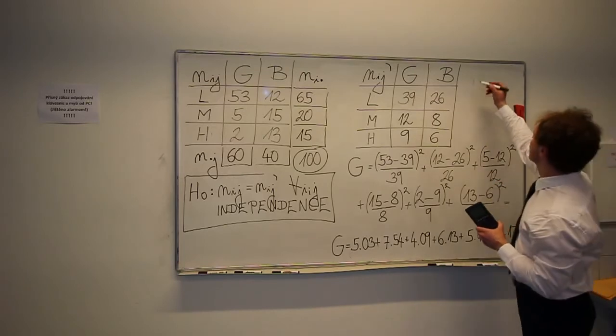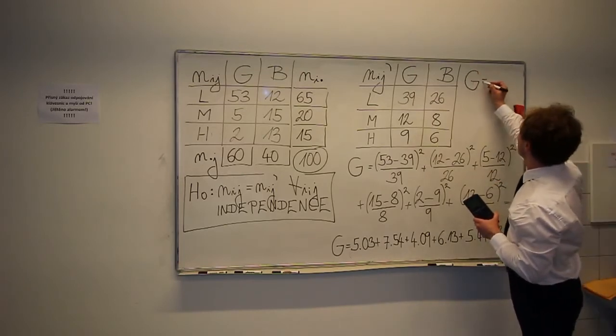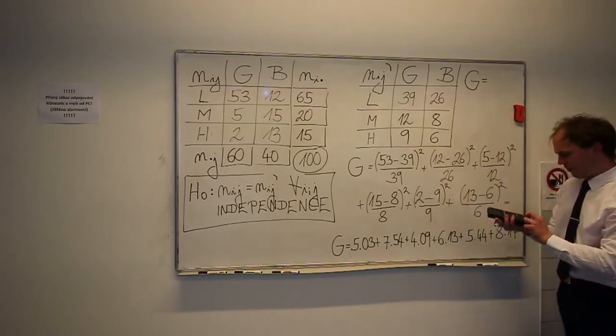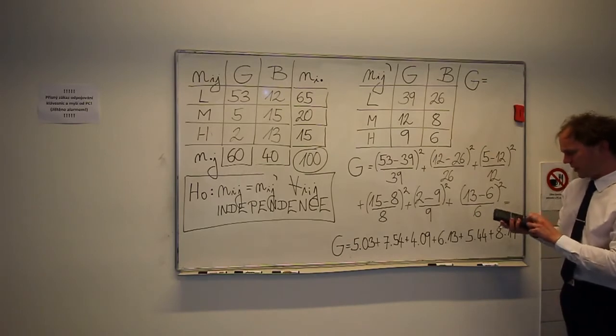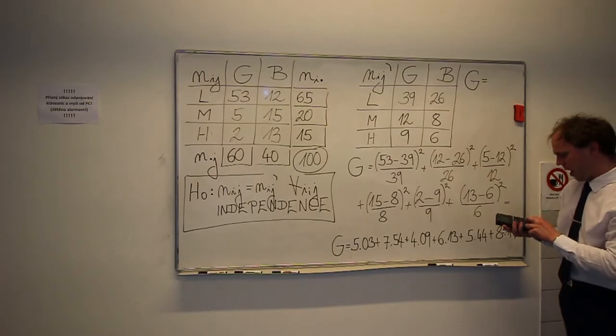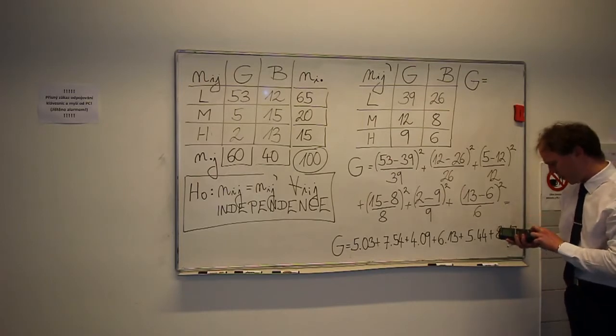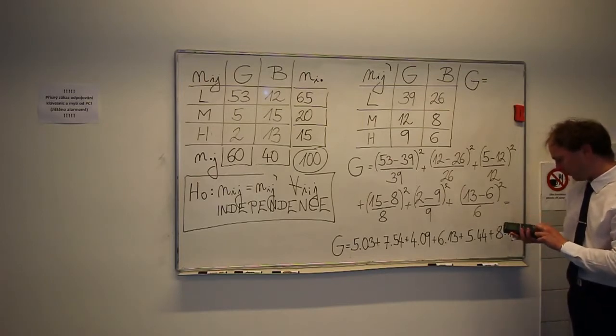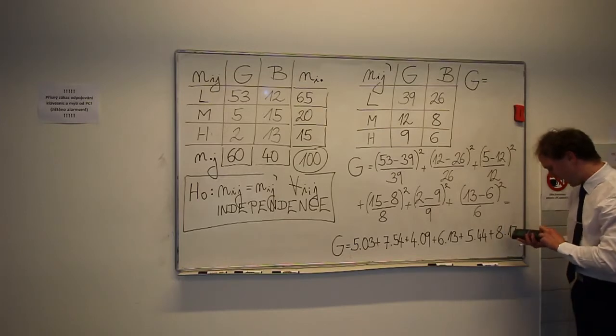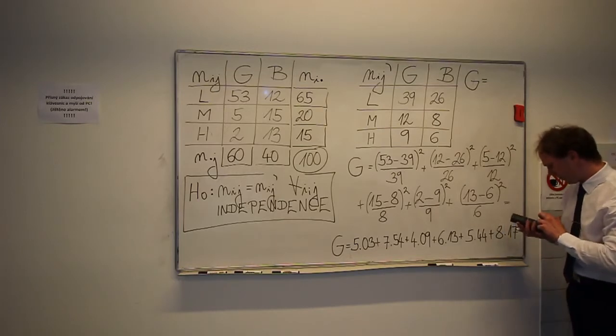So the value of G is 5.03 plus 7.54 plus 4.09 plus 6.13 plus 5.44 plus 8.17.